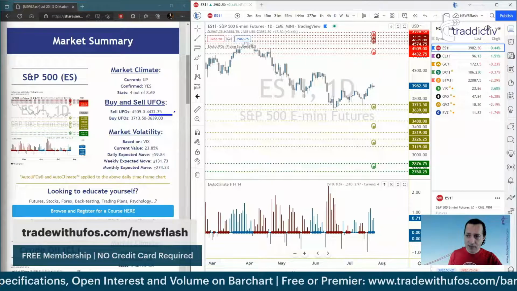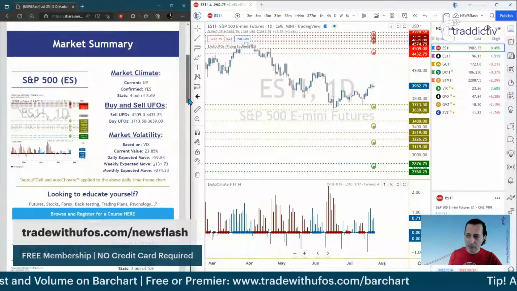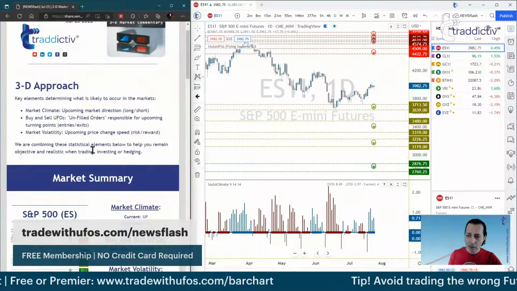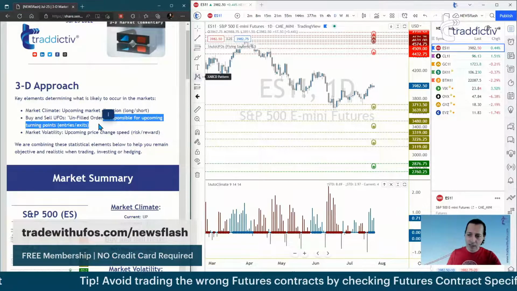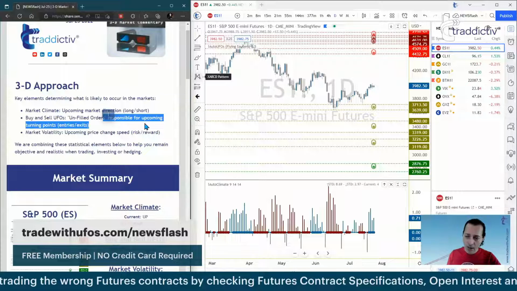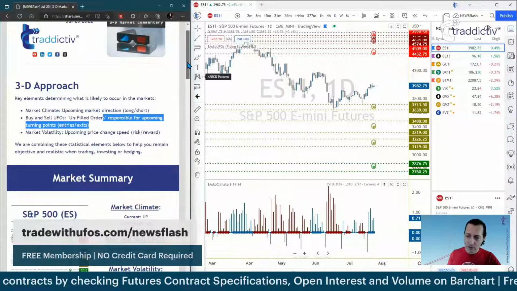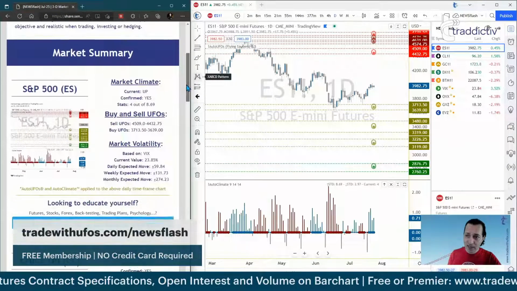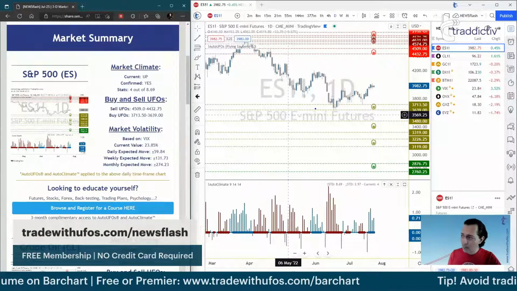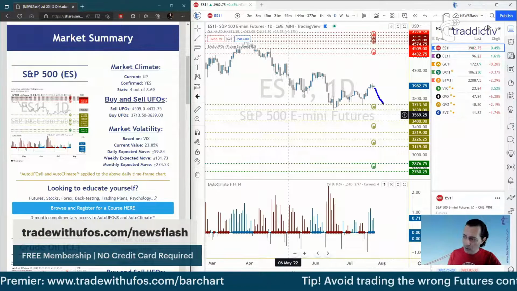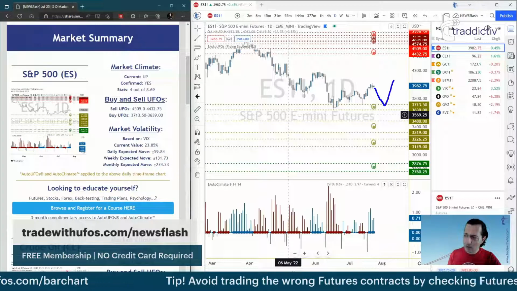Unfilled orders tell us more about the upcoming turning points. This is what the UFOs are going to tell us, because once unfilled orders to buy or unfilled orders to sell get filled, a change of direction, a market movement starting from that UFO, is expected to happen. If the S&P comes to where the UFO is, we'd expect a market move to the upside.